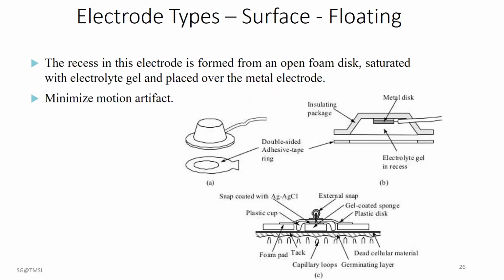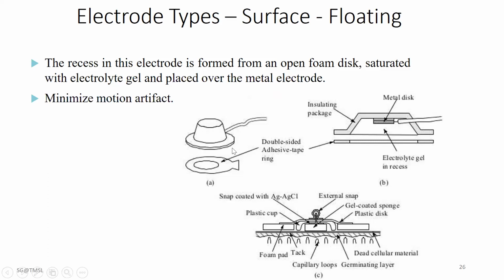Then next is the floating type electrode. These are actually recessed electrodes with a top hat structure, like in this picture.